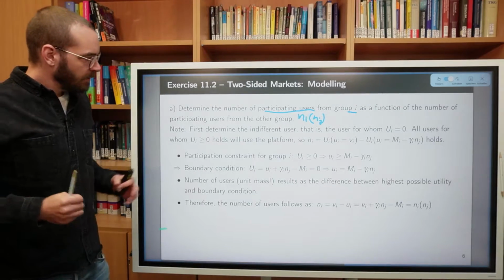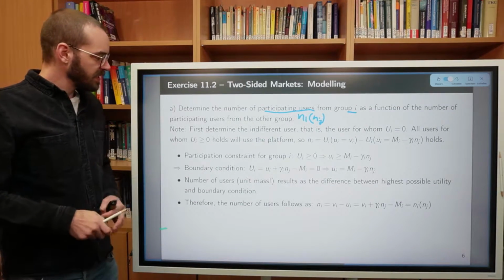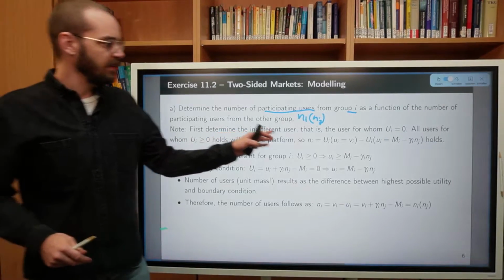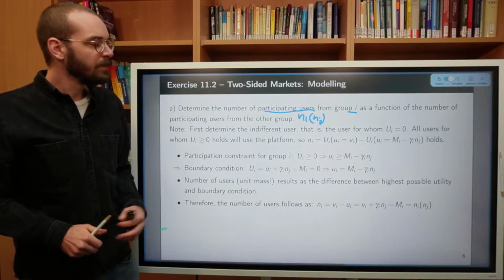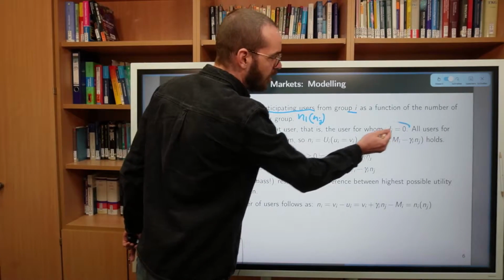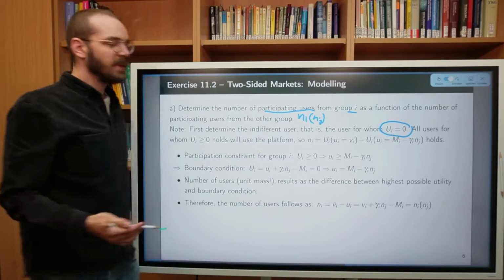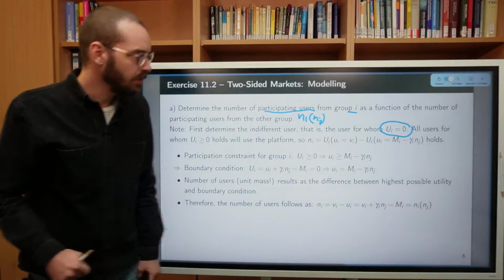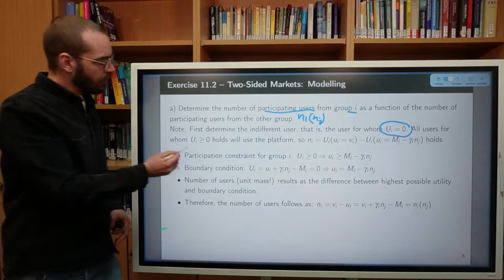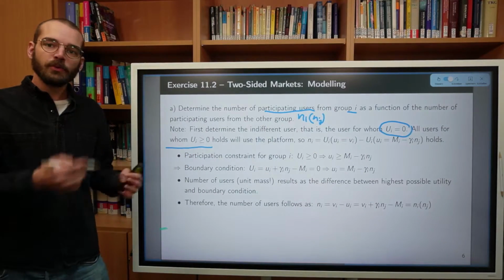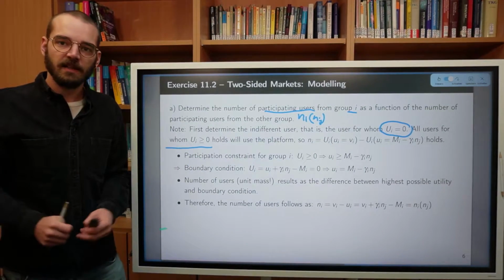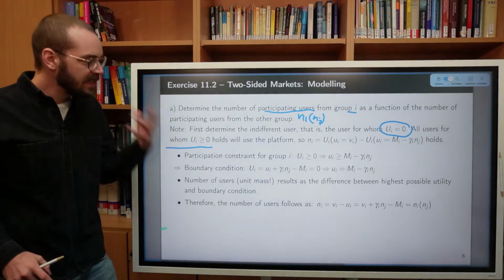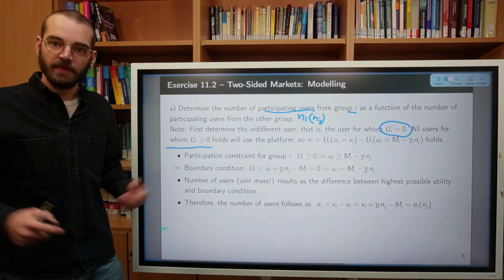As a note, there's a hint on the slide. We are asked to first determine the indifferent user, that is the user for whom this overall utility of participating in the platform, capital U_i, is exactly equal to 0. All users for whom the overall utility of participating in the platform is weakly larger than 0 will participate in the platform, will use the platform.